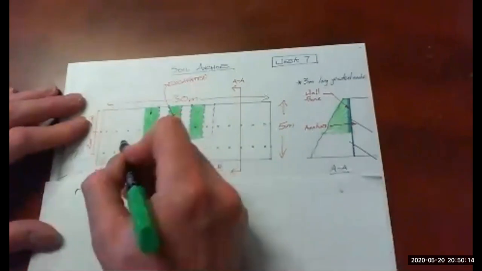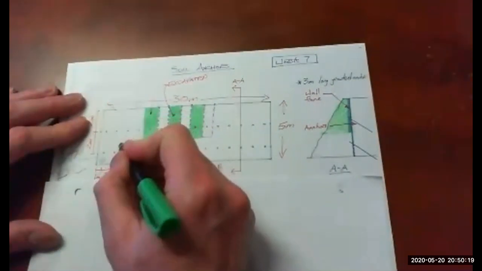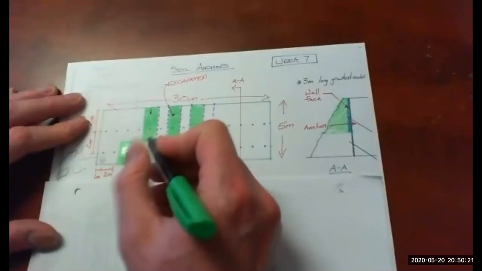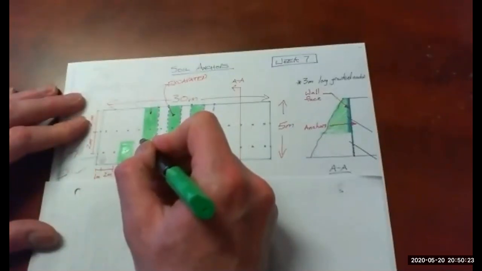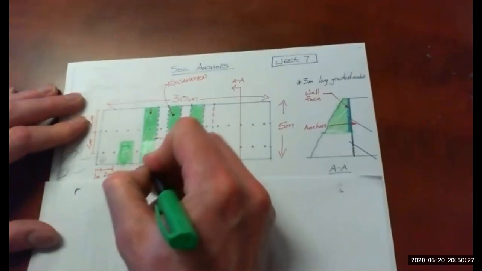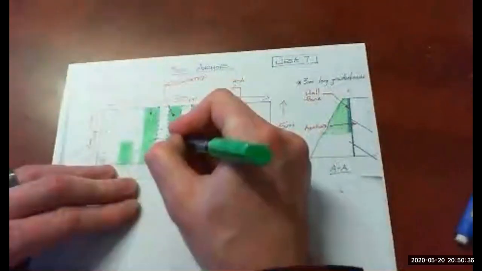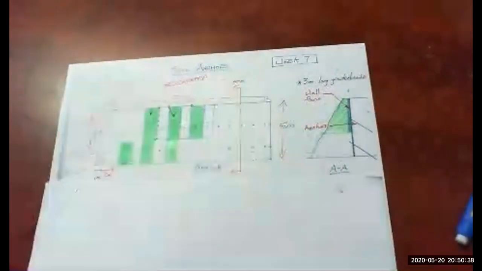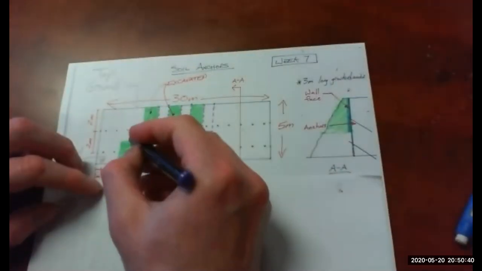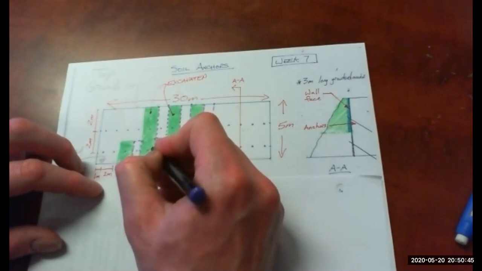So after you've got all the anchors in on the top row, you would come down and do the bottom row as well. I'm going to erase this person here. With the same skipping of every second slot, just like we did on the first row.